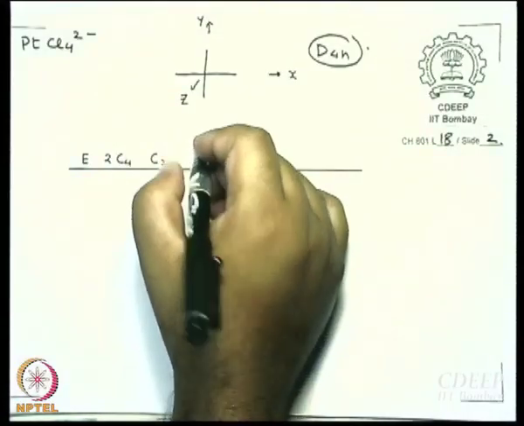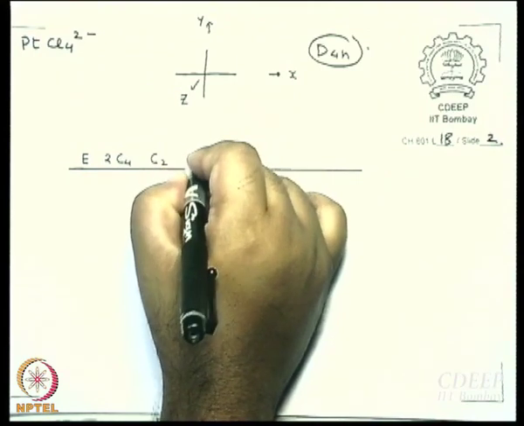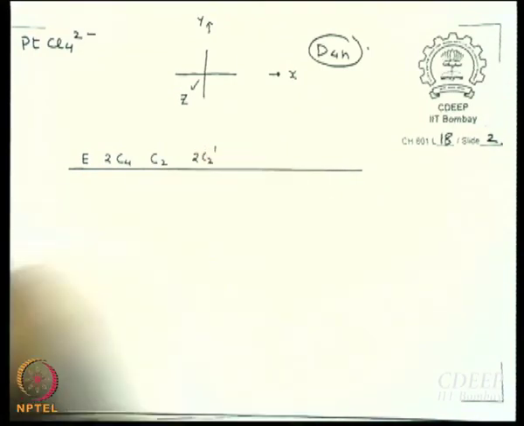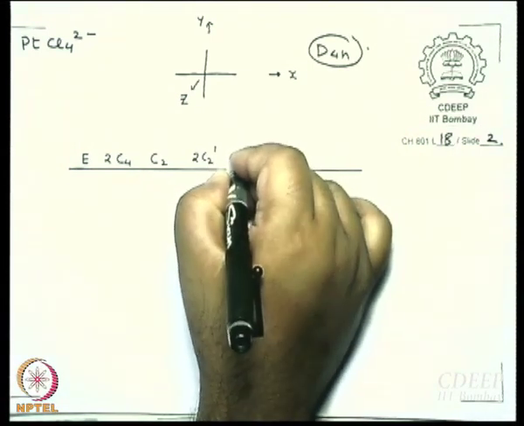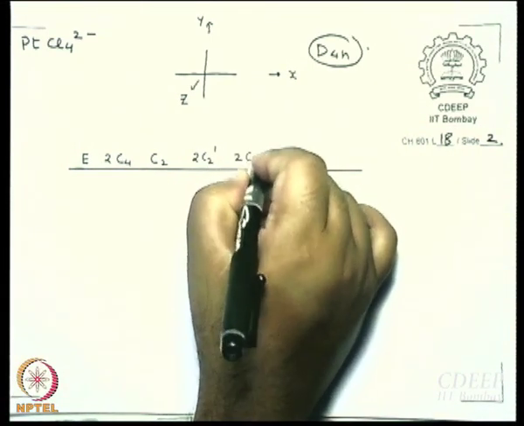Where are the C2s? One along the bonds, that is one kind. How many of those are there? 2. And 2 will be between the bonds. Those along the bonds are called C2 dash. Those between the bonds are called C2 double dash.